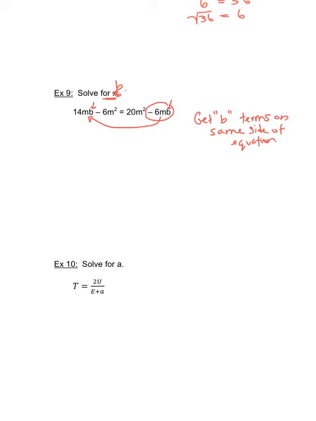And I would do that by doing the opposite. Opposite of minus 6mb is plus 6mb. These cancel. 14mb plus 6mb is 20mb. I'm going to bring down minus 6m squared equals 20mb. Let me fix that.